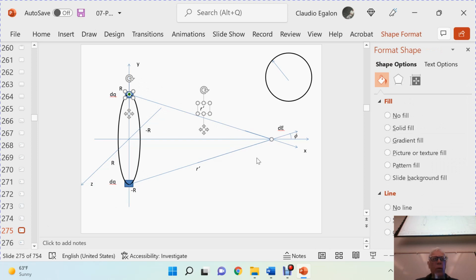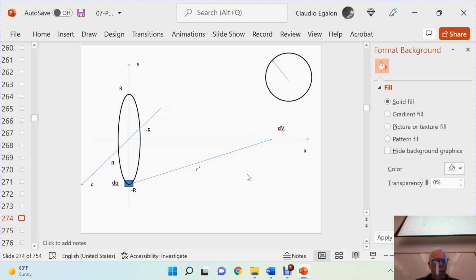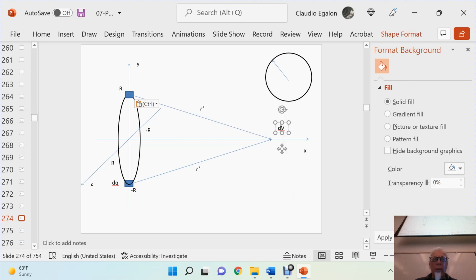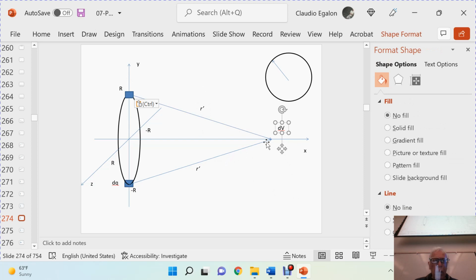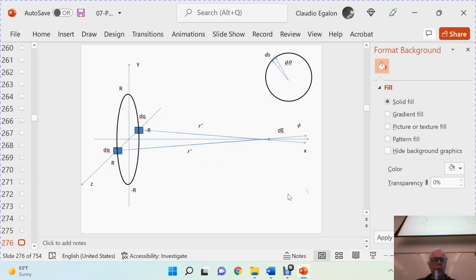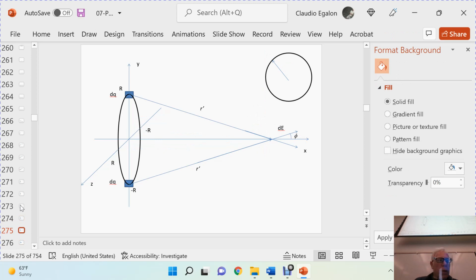And we don't have to worry about that component, whether it cancels out or not. One is dV, this one, and then we're going to have another one. The contribution of the other one is going to be dV prime, just to differentiate from the other one. dV prime, and so on. And then we have those as well. Let me erase this one here.